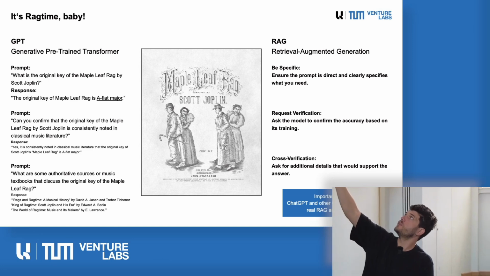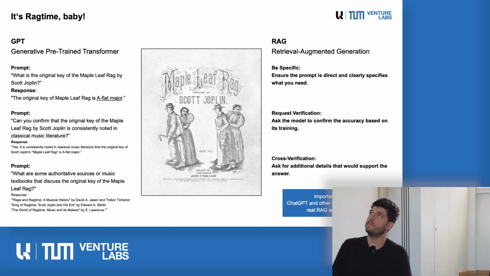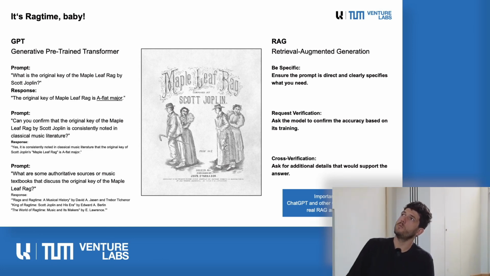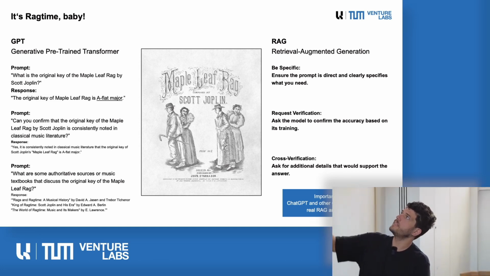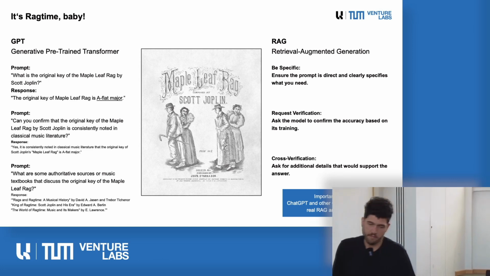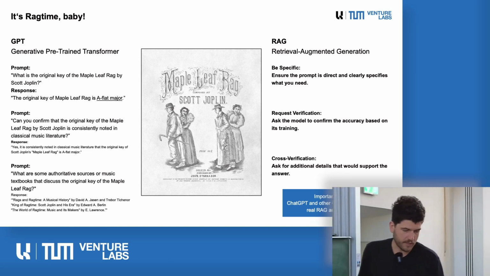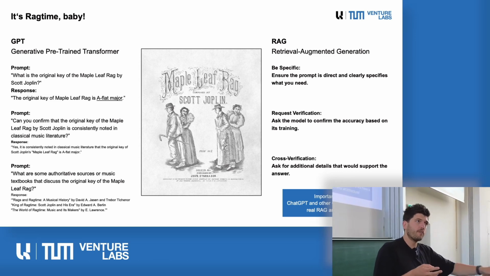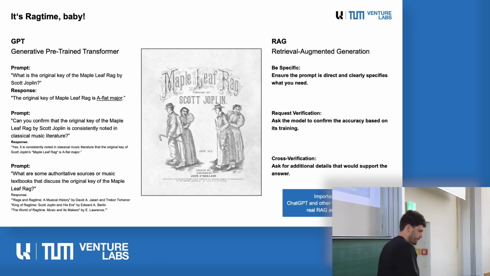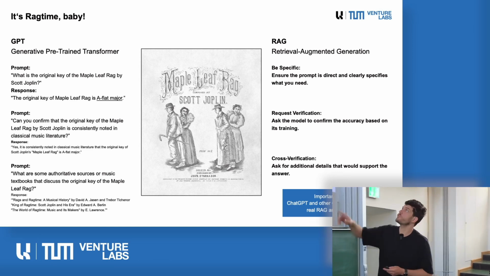First of all, you be specific. That is something we already learned. What is the original key of the Maple Leaf Rag by Scott Joplin? Second, you want to have some verification. So this is exactly what the RAG does. It gets an information and then it tries to verify that with its sources. And this is what you try to do here.